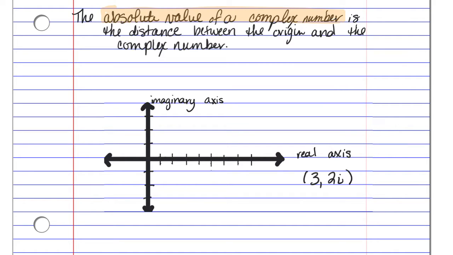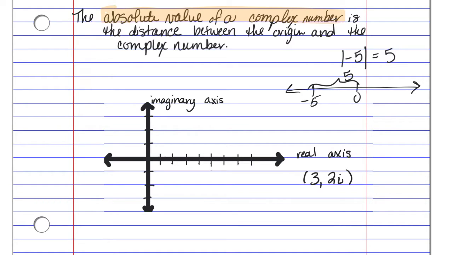So when we think about absolute value, for example, let's say the absolute value of negative 5, we always just assume, oh, it's just a positive number. But absolute value is a measurement. So on a number line, if this is 0, negative 5 is on the left-hand side. The distance away from 0 is 5 units.